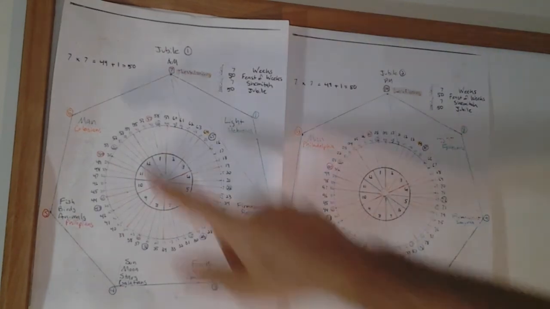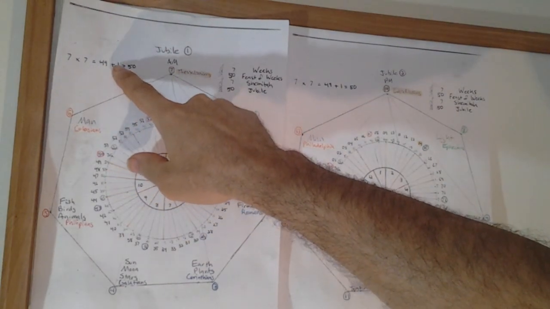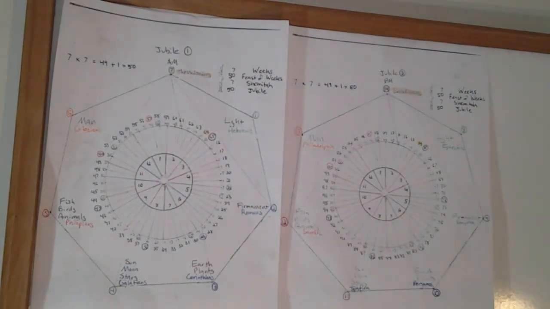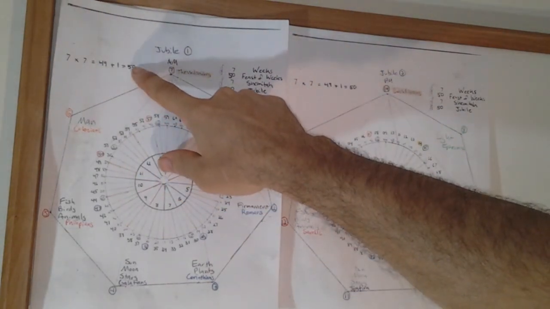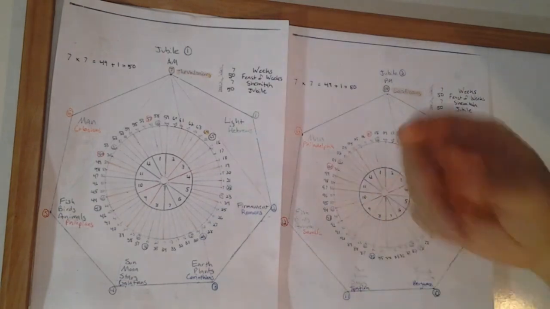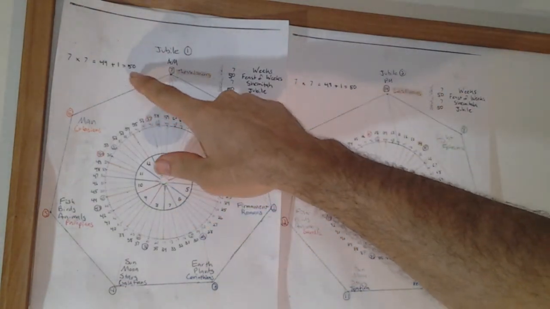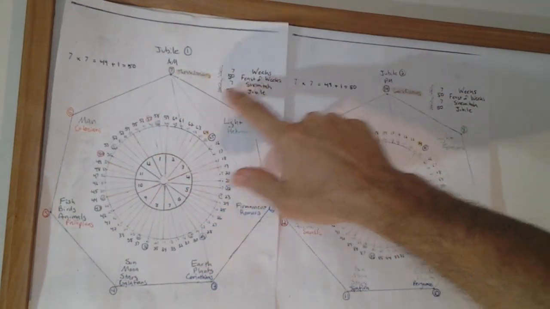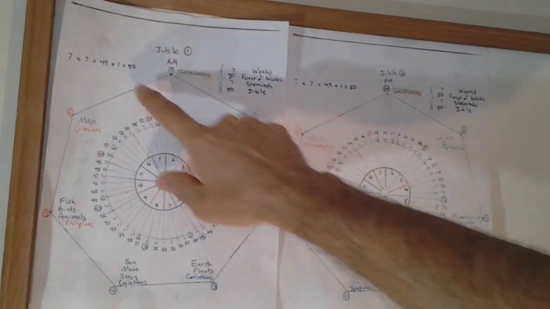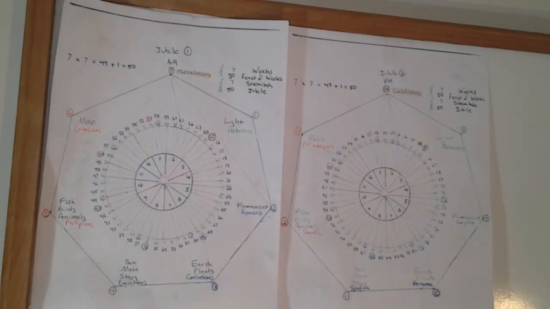So Jubilee is 7 times 7 is 49 plus 1 and 50. So that's what you would have when you count the Omer. You count 50 days. Pentecost is 50, and that is the 50th week. And then the Jubilee is 50, and that is the 50th year. So all these are converging. On our calendar, that would be May 24th, 2015 is that day.